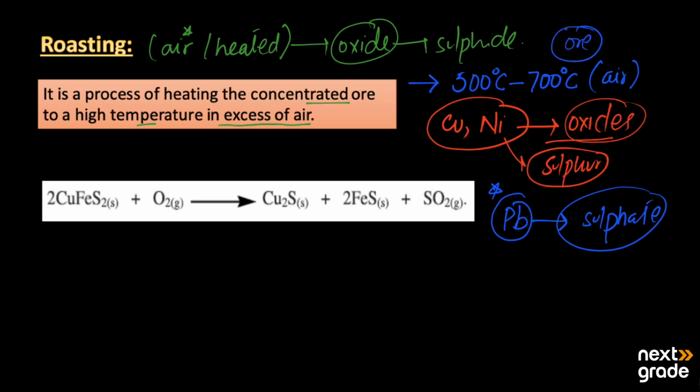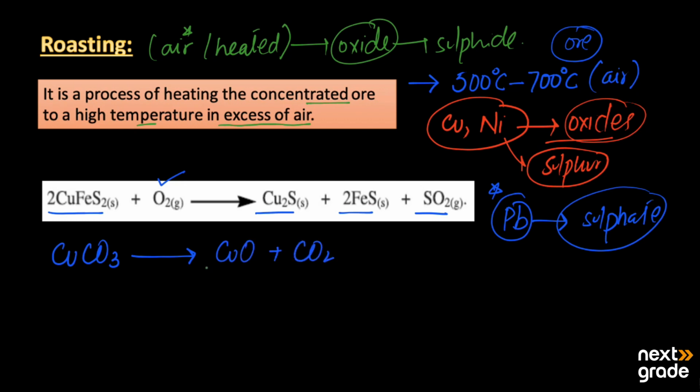So let's have a look at simple reactions. If we have the ore of copper, CuFeS2, when it is heated in the presence of air, we gain cuprous sulfide, iron sulfide, and sulfur dioxide. If we have the carbonate of copper, CuCO3, we gain cuprous oxide plus carbon dioxide.